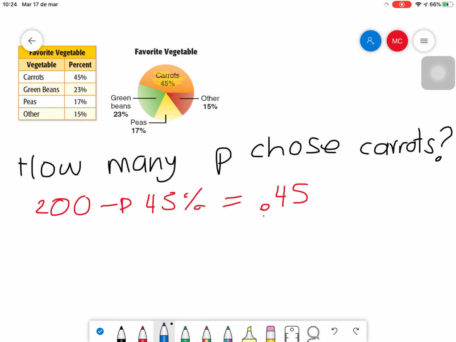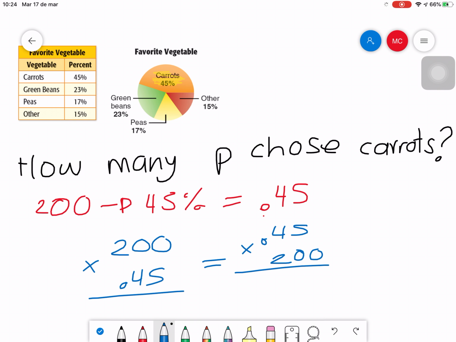I want to know how much is 45% out of 200, so I need to multiply this. Remember, this is the same as this. Whenever you multiply, the order of the numbers doesn't matter. So I start multiplying, and I don't need to multiply these zeros, so I add them here. Then 2 times 5 is 10, 2 times 4 is 8, plus 1 is 9.